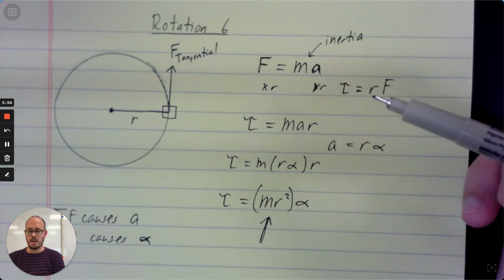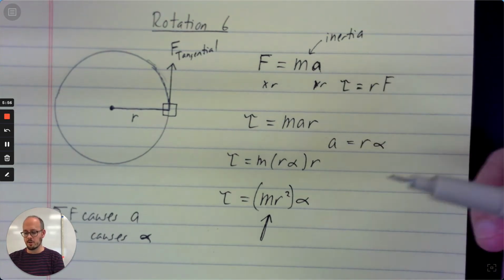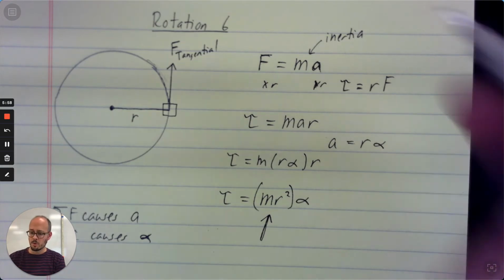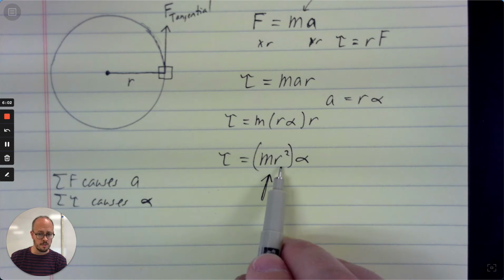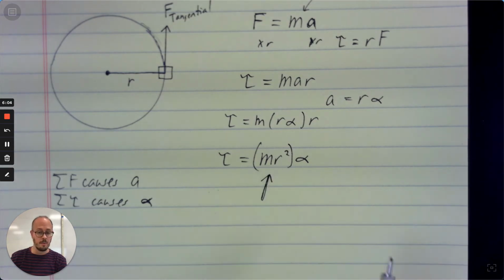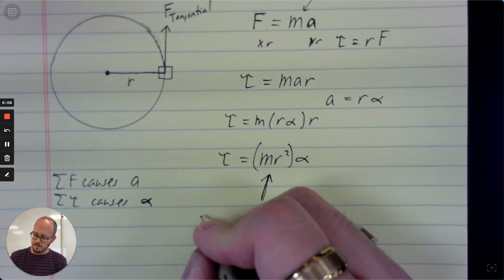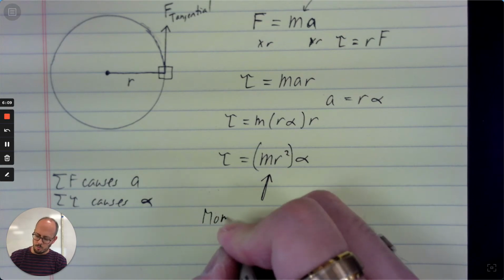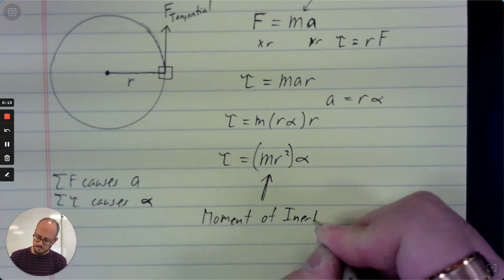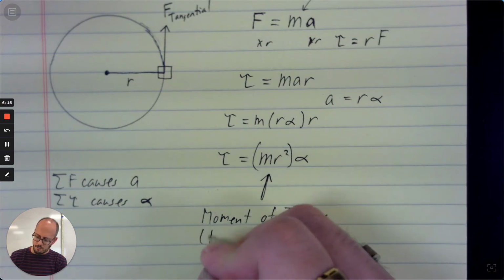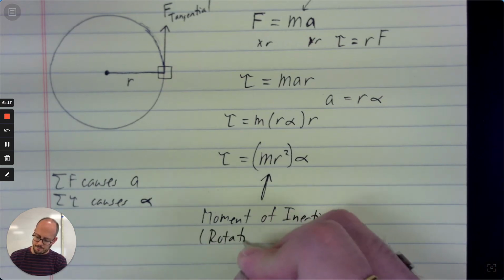Well, with an object that's going to rotate, the inertia is a little bit more complicated. In the case of this equation, it's equal to not just m, but mr squared. This is called the moment of inertia, or the rotational inertia.